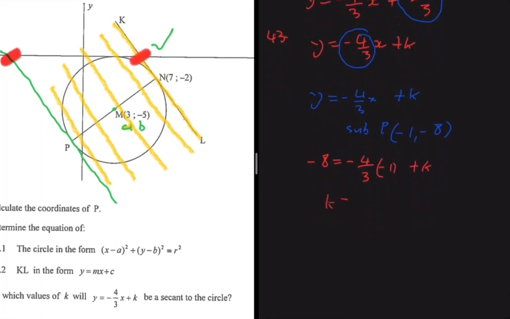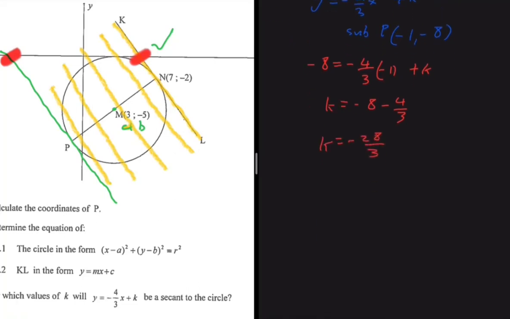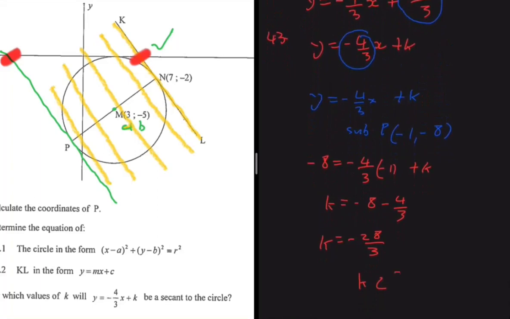So k will just be equal to -8 -4 divided by 3, basically, so k will be equal to -28 divided by 3. So k is between the y-intercept, 22 divided by 3, and -28 divided by 3, right?